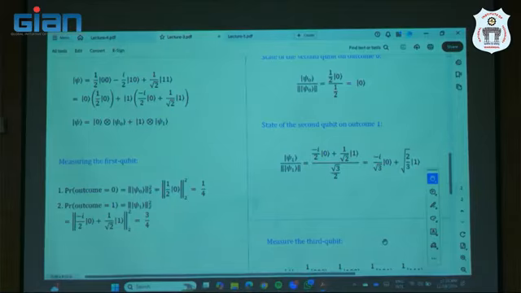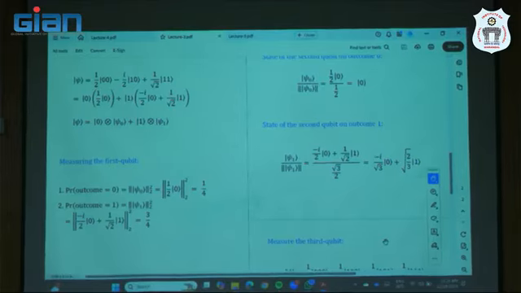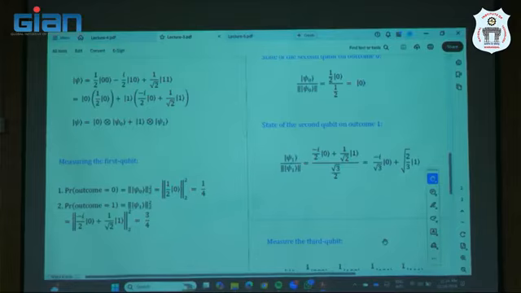That is what we will see. That is called partial measurement. I can measure both the qubits also. I can measure just the first qubit also. I can measure just the second qubit also. So let us see what happens if we measure only the first qubit.